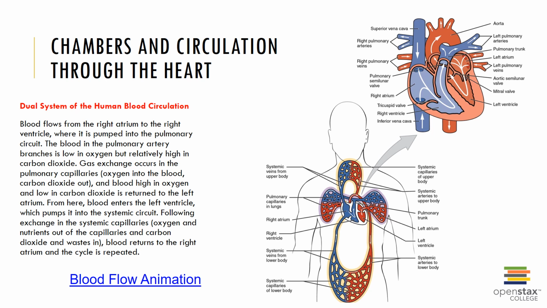Blood flows from the right atrium to the right ventricle via the right atrioventricular valve or tricuspid valve, and from the right ventricle enters the pulmonary artery on its way to the pulmonary circuit to become reoxygenated, and comes back to the heart into the left atrium via the pulmonary veins, and goes from the left atrium through the left atrioventricular valve, which is also known as the bicuspid or mitral valve, into the left ventricle. From there, it goes into the aorta.